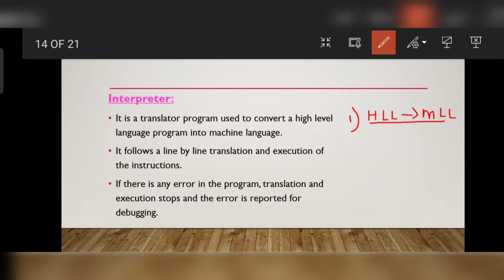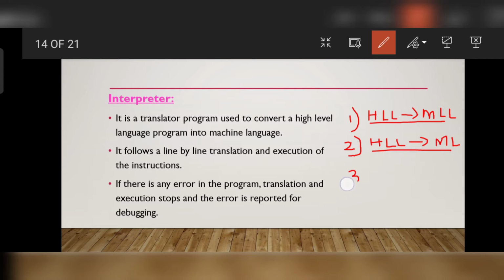Then we enter the second line. Whenever we enter the second line, the interpreter again converts this line given in high-level language into machine-level language code. After the completion of the translation, the computer will execute the second line instruction.